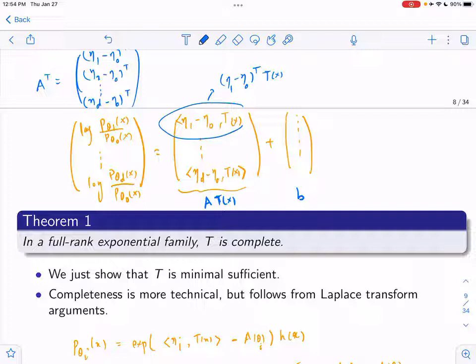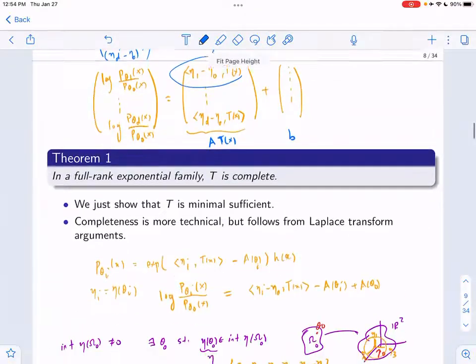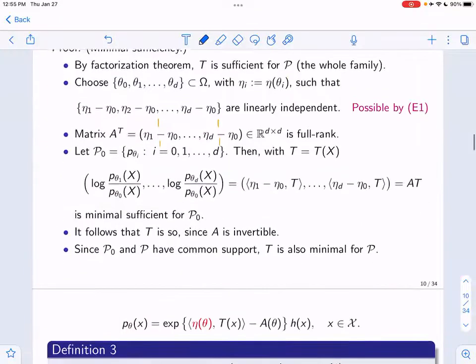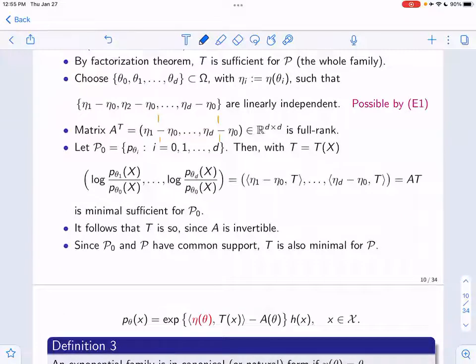Okay, does that make sense? So it's just some algebra. And so what you get is A times T plus some constant. We know that this is going to be minimal sufficient for the subfamily parameterized by theta naught up to theta d, because the family has common support, and we know that the likelihood ratio vector is minimal sufficient.